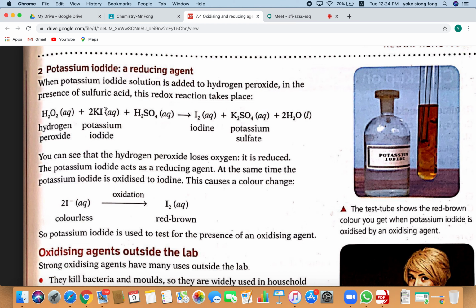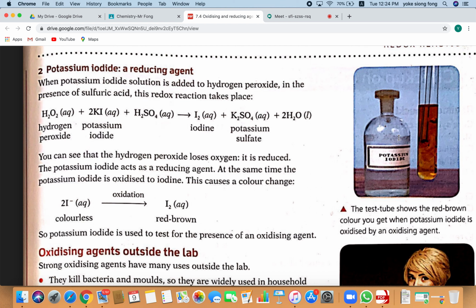The I here is actually I negative, because K plus and I negative combined make KI, potassium iodide. In the end product after the arrow, the I becomes I2, which means iodine. And what is the color of iodine? It is red-brown. And for potassium iodide, is there any color?